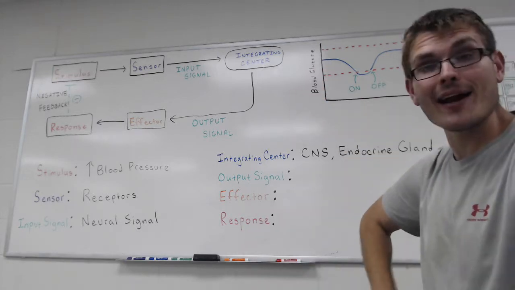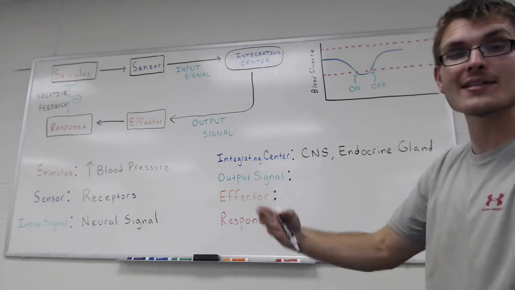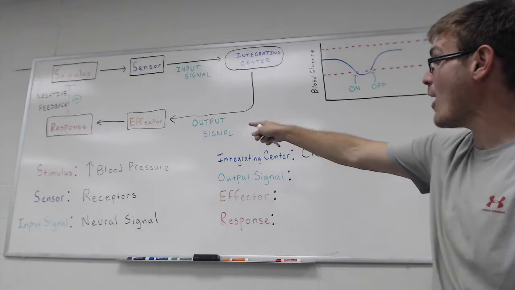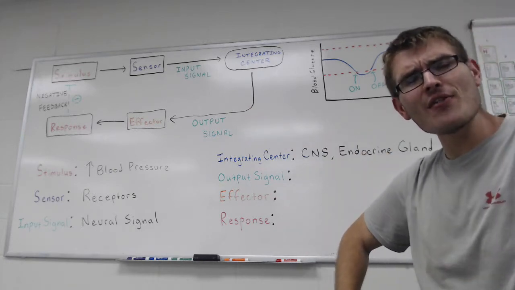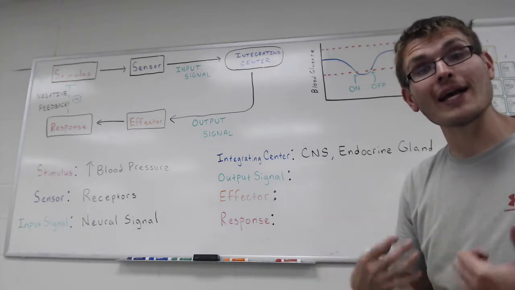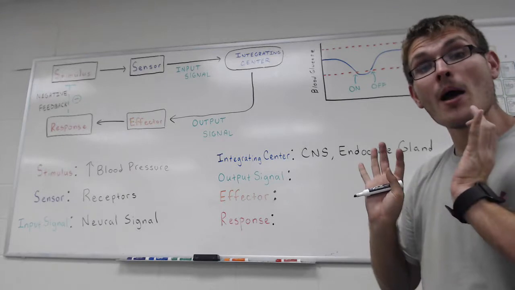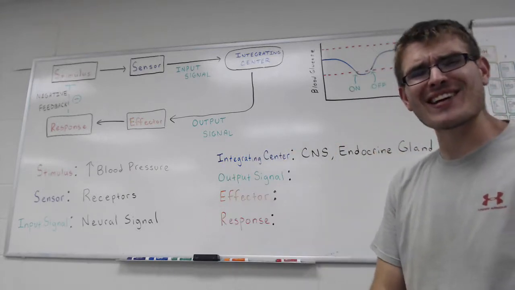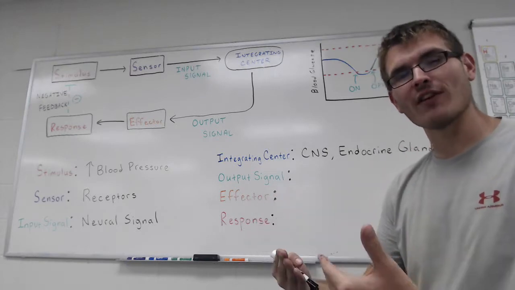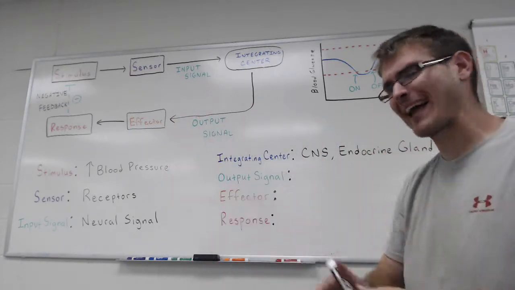And now the integrating center is going to receive this information, process it, and then send an output signal to what is called an effector. Even though the integrating center is pulling a lot of different duties here, receiving information about the problem, processing it, and sending that information back out, it isn't actually directly solving the problem. It's only receiving information and sending information back out.